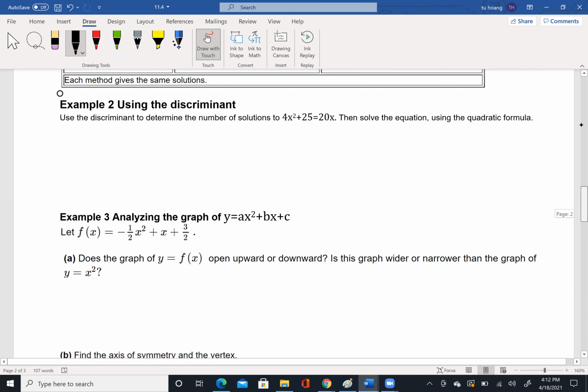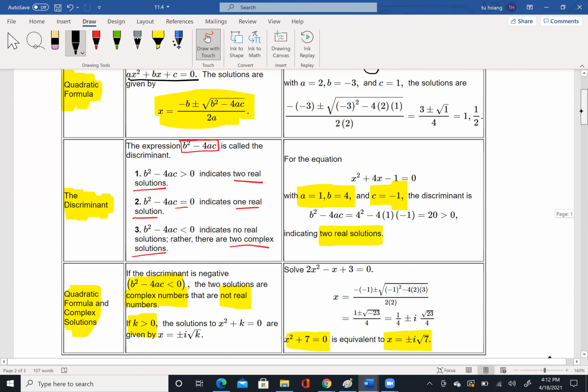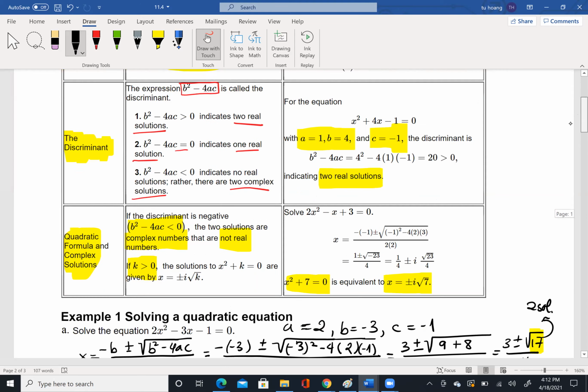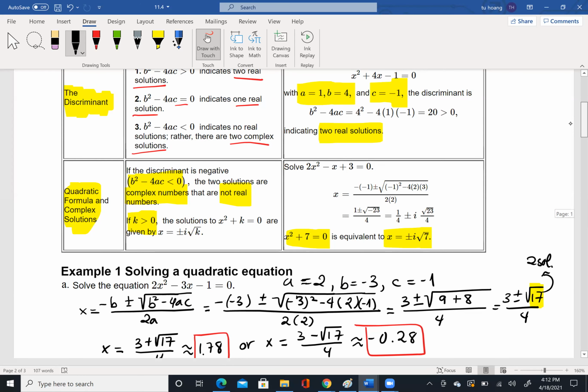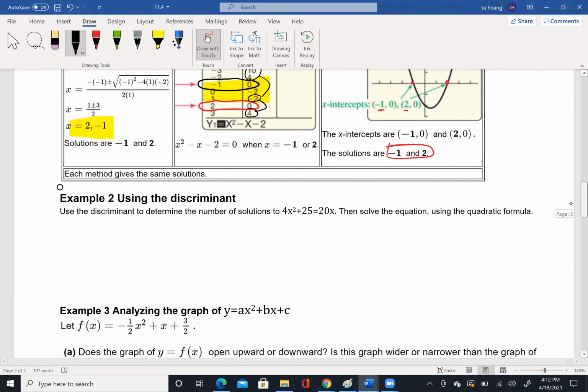Like I said above, there are 3 cases. If it is greater than 0, then you have 2 real solutions. If it equals 0, then it becomes 1 real solution. And if it is less than 0, it gives you no real solution. Let's see how I can apply it to this problem.